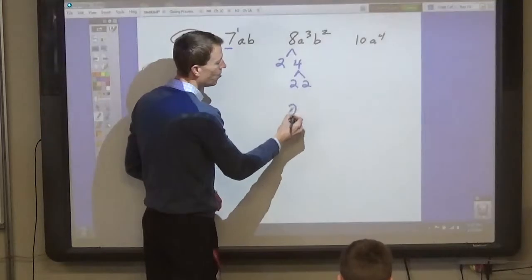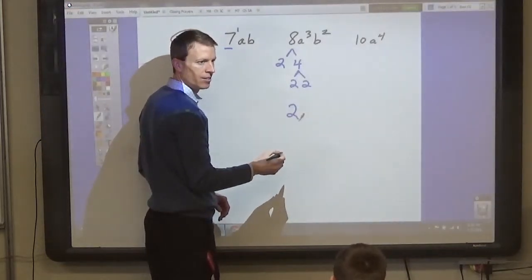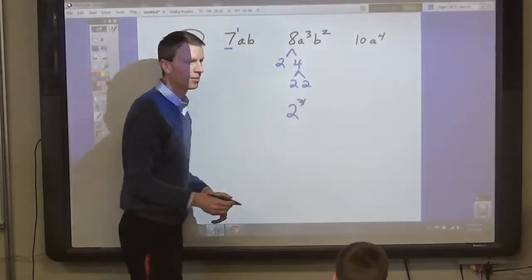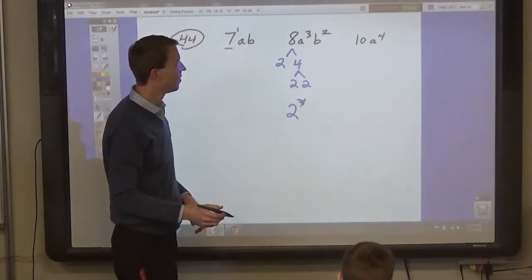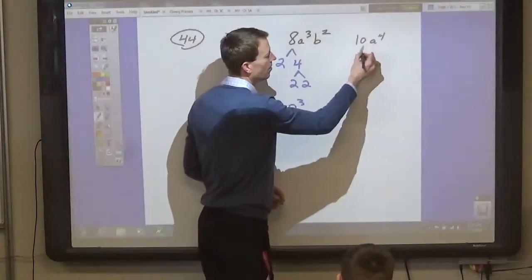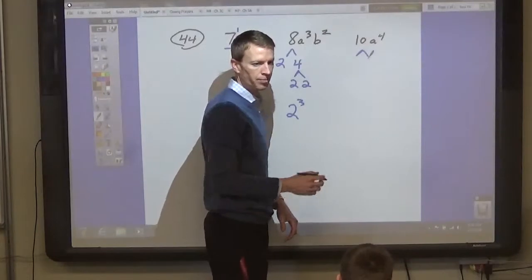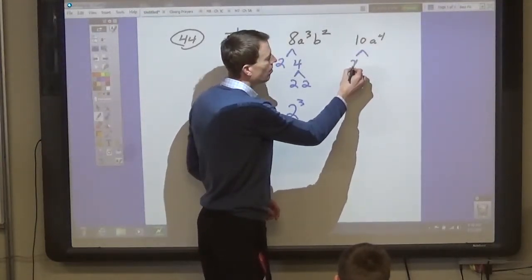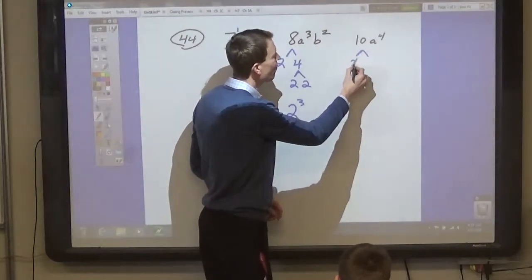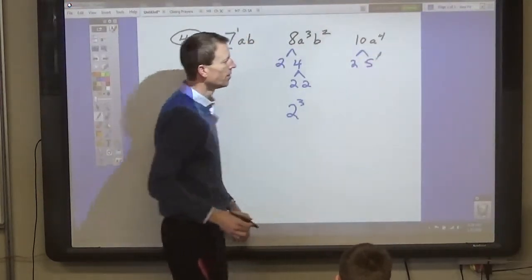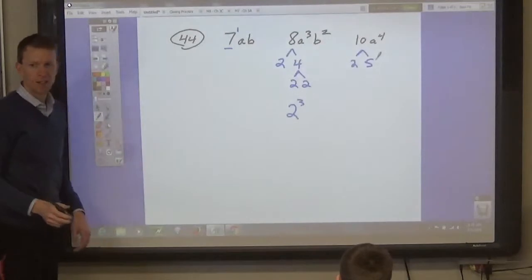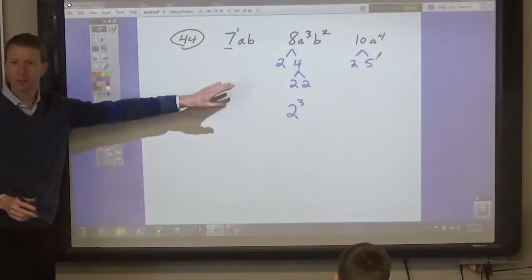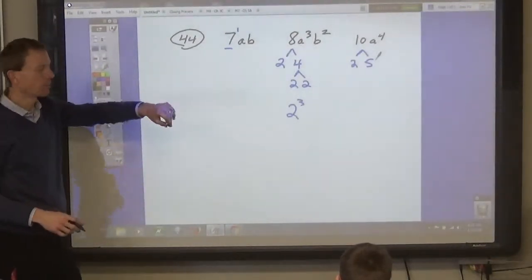So this is 2 to the third power. The third power. 2 times 4. Okay. And then this is 2 and a 5, right. 2 times 5. Okay? Now, we have to use the greatest power of each factor.